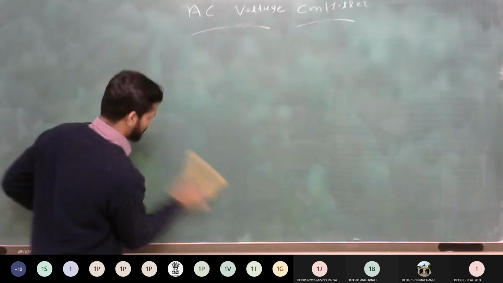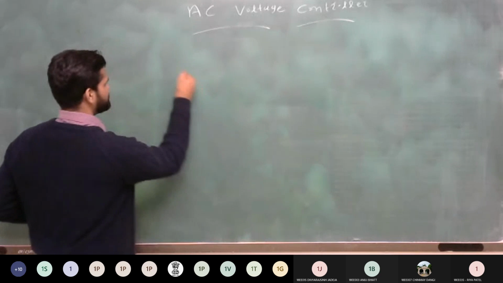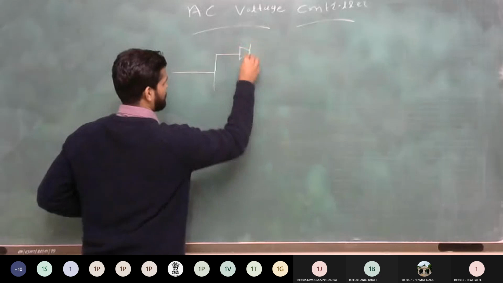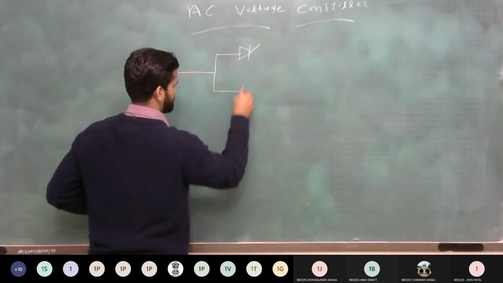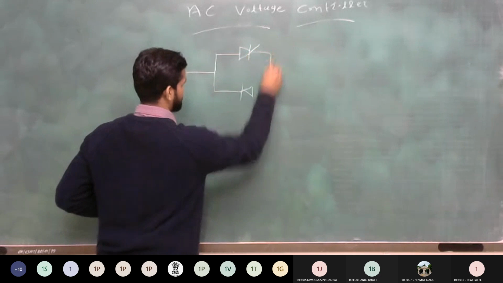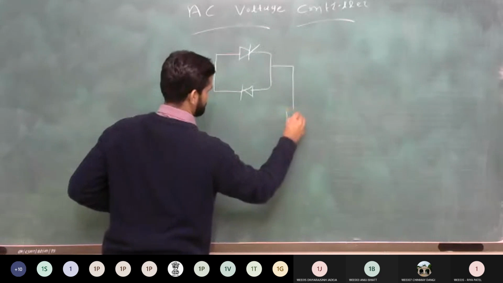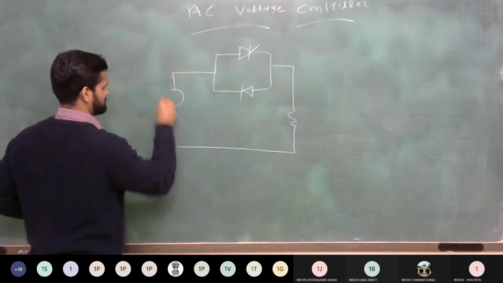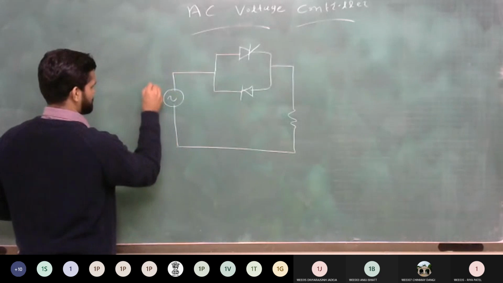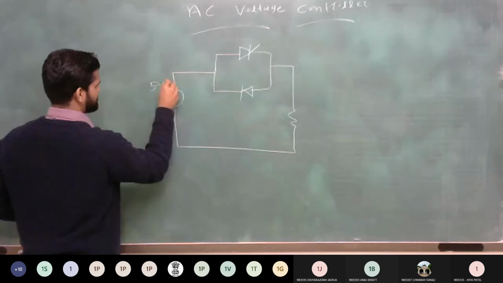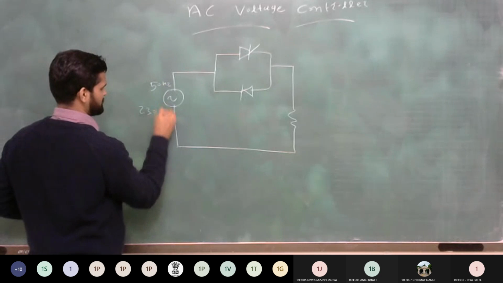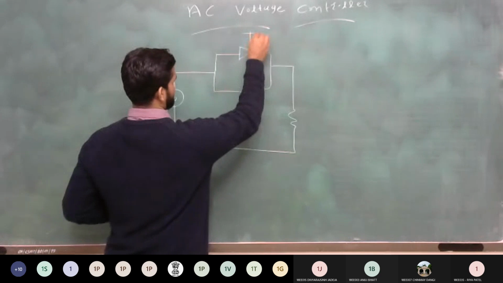So let's understand this operation by a simple circuit diagram of a single phase half wave AC voltage controller. Suppose this is your supply of 50 Hz 230 volt. This is your thyristor T1.